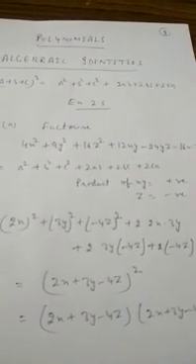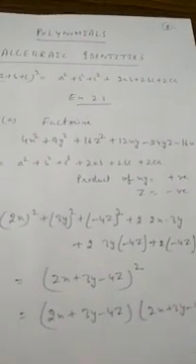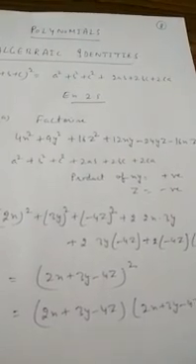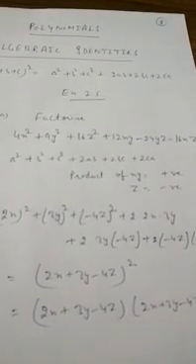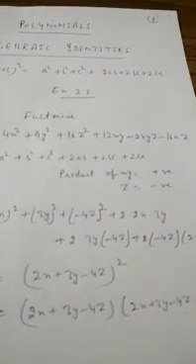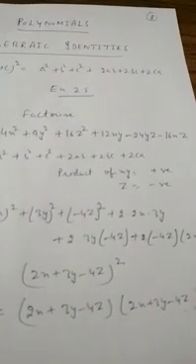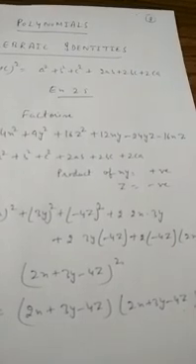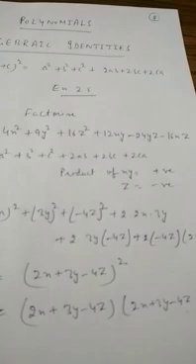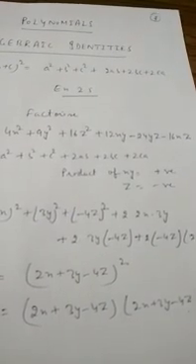So the same is here. Now 4x square is (2x) whole square, 9y square is (3y) whole square, and 16z square is (4z) whole square. How to choose the negative one? If you see, some terms have a negative sign here: minus 24yz, minus 16xz. The product of x and y is positive, that is 12xy.